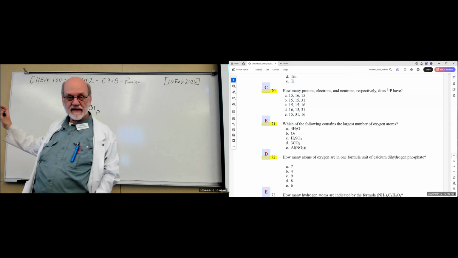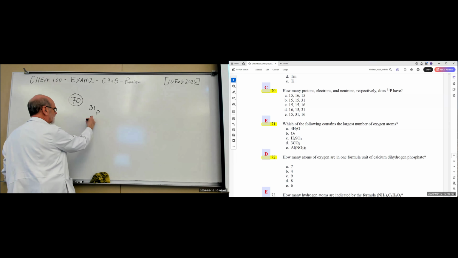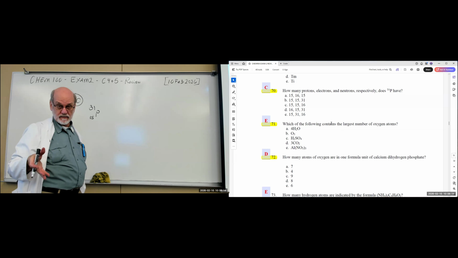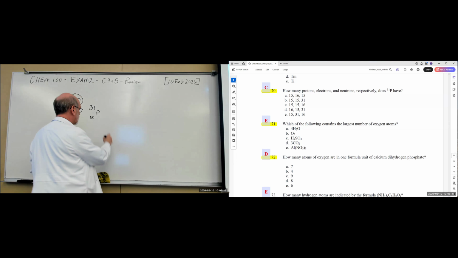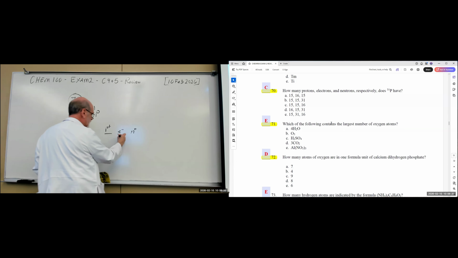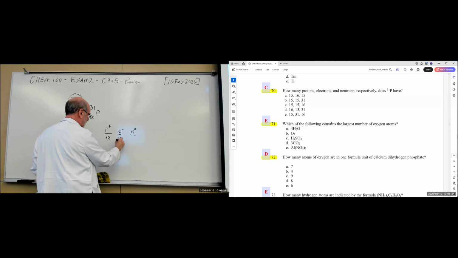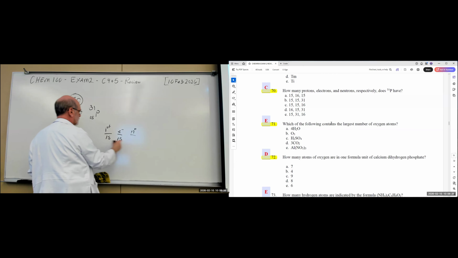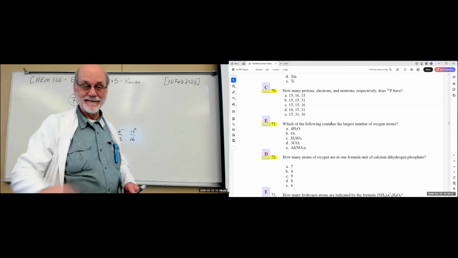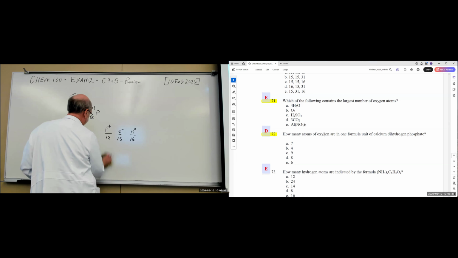So if we look on our periodic table, we see phosphorus has an atomic number of 15. Now we can answer the question. And this is a neutral atom, right? So protons, electrons, neutrons, these two are going to be equal, 15. And this one's going to be the difference, 16. Okay? Very simple.